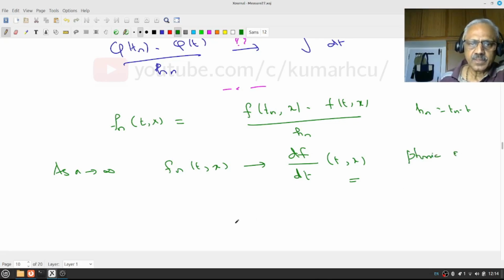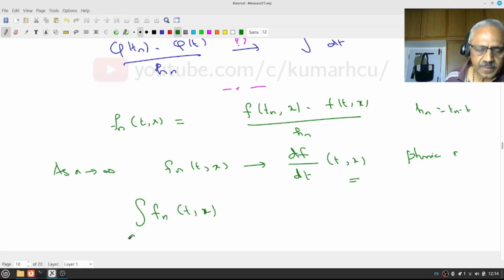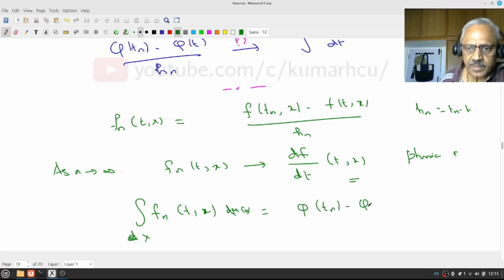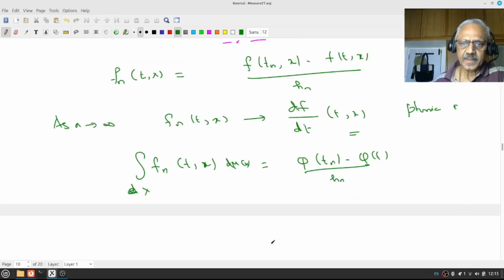Therefore, let us look at the integral of fn at t comma x, d mu x over X. This is nothing other than phi of Tn minus phi of t by Hn. I want this sequence to converge pointwise.